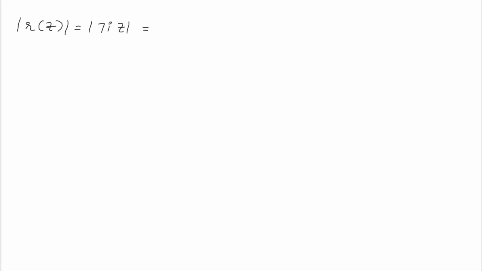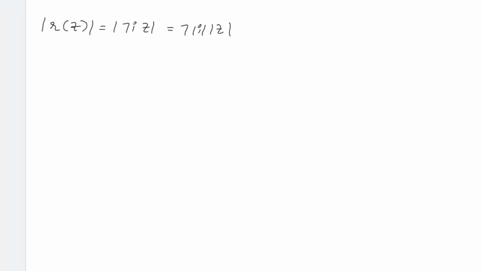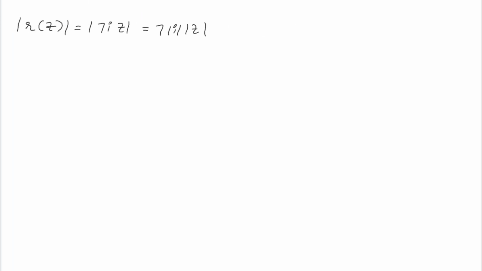So by the property of absolute value, we can rewrite this as 7 times mod i times mod z. But since we are considering the circle mod z equal to 1, I can rewrite mod z as 1. So this is nothing but 7 times 1, that is equal to 7.